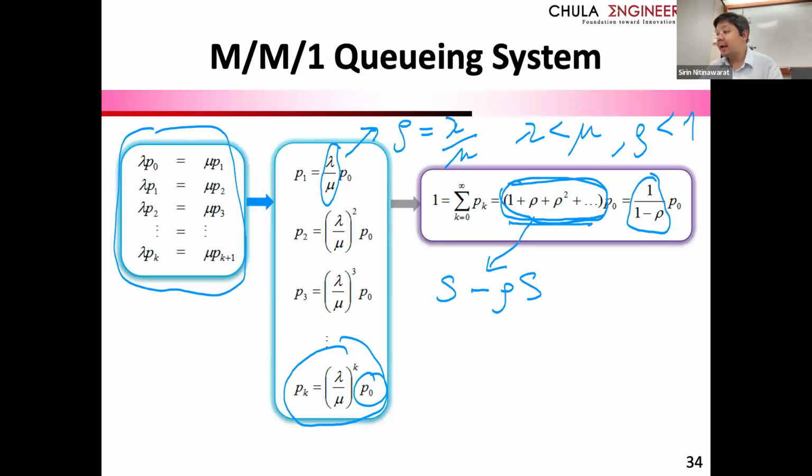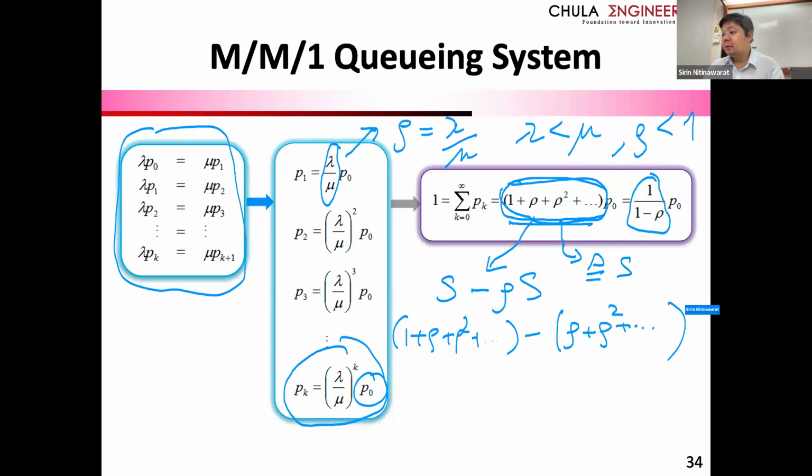Let's call this S. S is 1 plus rho plus rho square and so on, right? What is rho S? It's just each term multiplied by rho, right? So instead of starting with 1, I start with rho. What happens if I subtract them?